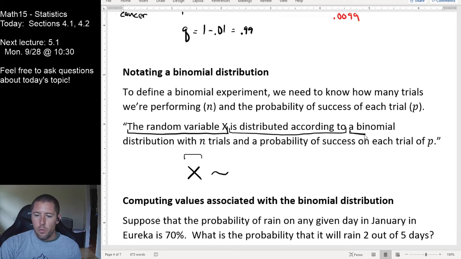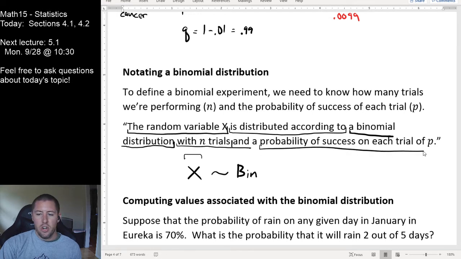We need a little symbol that says the binomial distribution, not the uniform distribution, not the normal distribution, but the binomial distribution. Typically, this is written as just a capital B. I do see other places where it's given as bin right there. You can do either, that's fine, but that's just our little shorthand for the binomial distribution. And then we've got n trials and a probability of success on each trial of p.